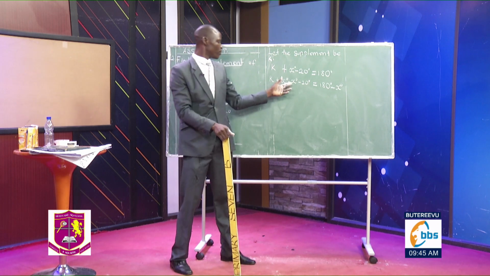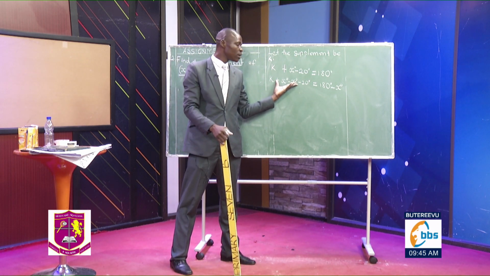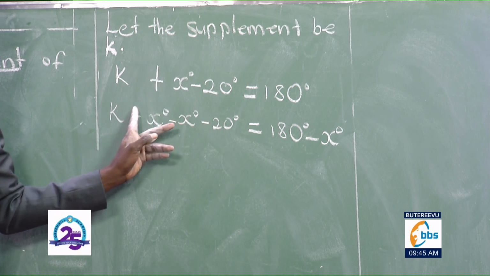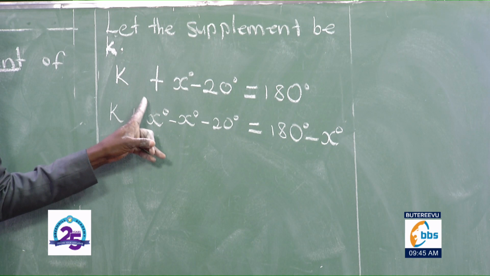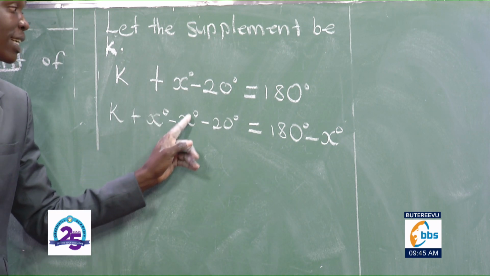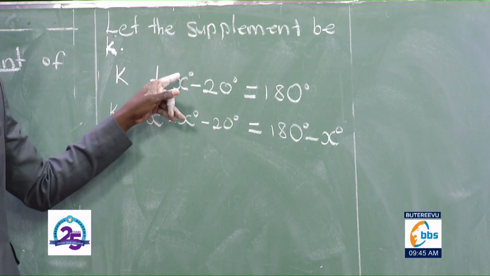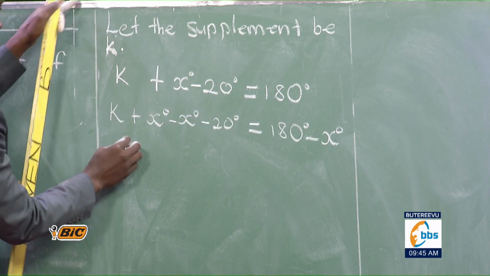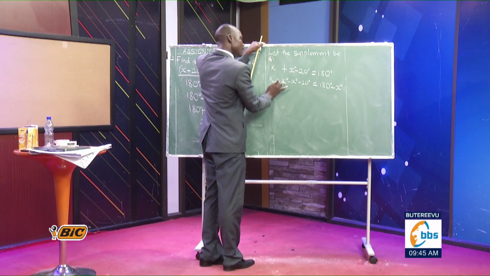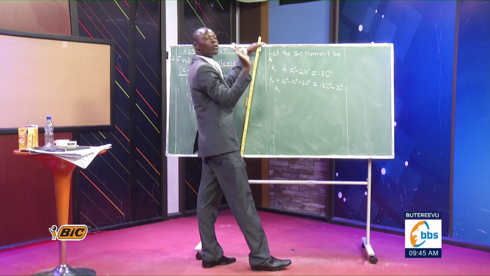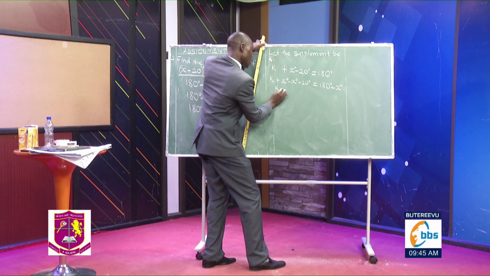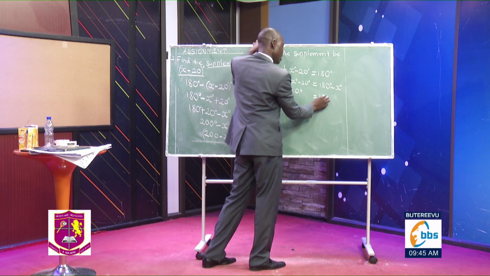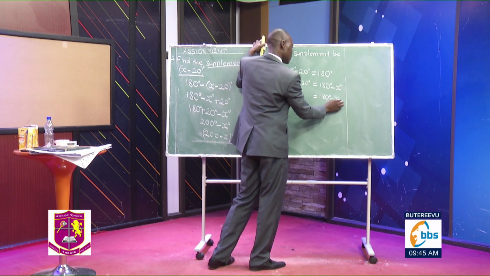I must be very careful when collecting like terms. Since this one was plus x, once it crosses to the other side, it will be minus x. The additive inverse of plus x degrees is minus x degrees. So when you get k here, plus x degrees minus x degrees, that is 0. So we are left with k minus 20 degrees, which gives us 180 degrees minus x degrees.